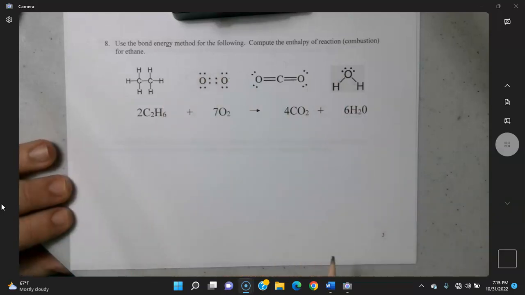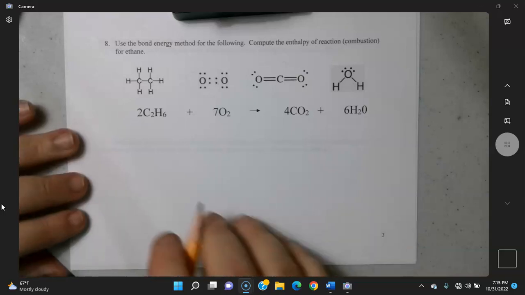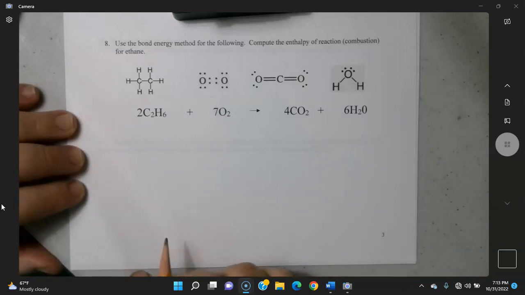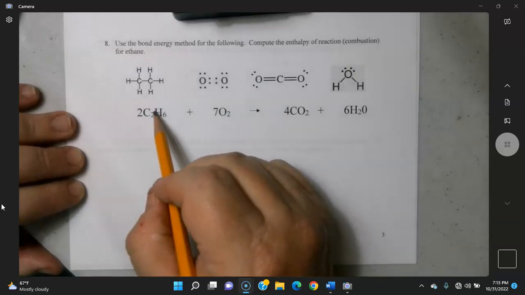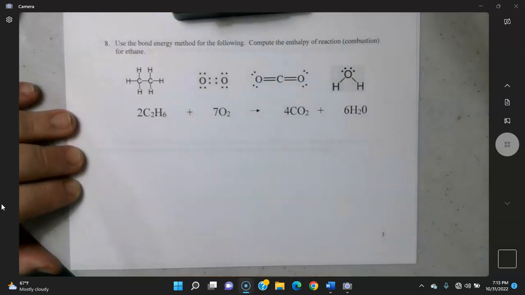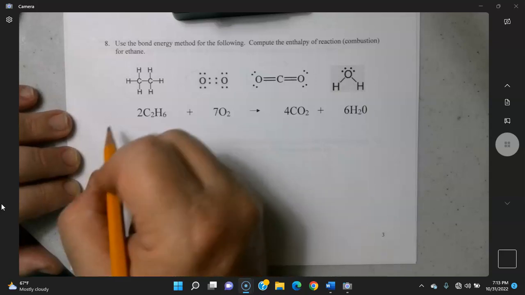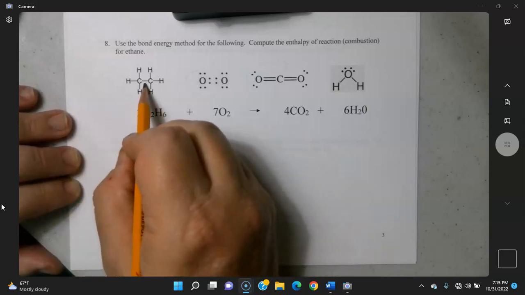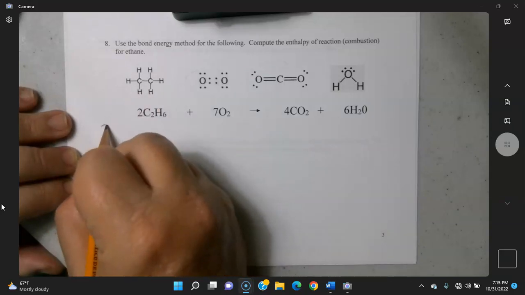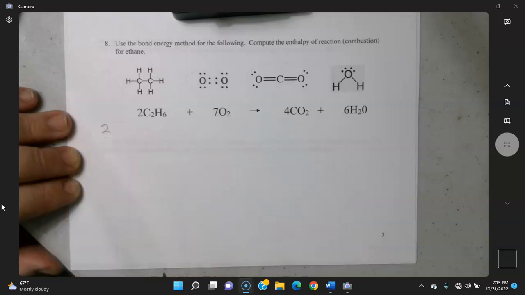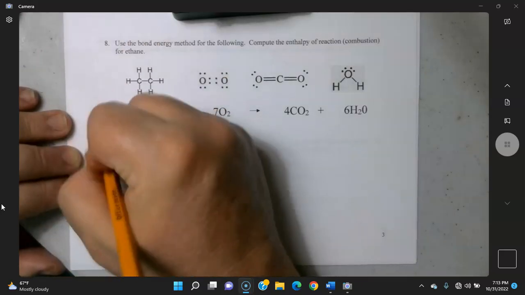Okay, so here's what you do. Very simple. It's a lot of numbers, but it's not that hard when you understand the concept. So we have two molecules of C2H6, and this is the diagram of a C2H6. So first of all, we want to look at the carbon-carbon bond. There are two molecules, so the first number I'm going to write is the number of molecules. That is this number right here. And the first thing I want to write is what am I doing?